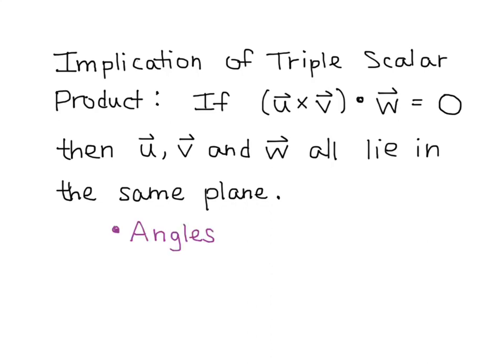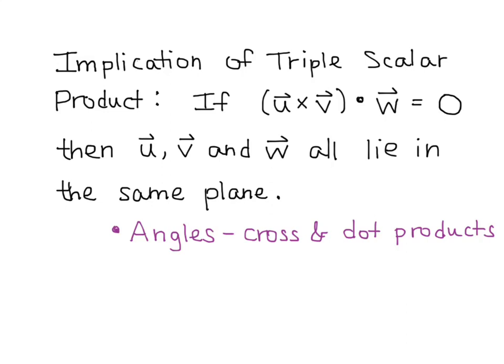So the first one is the angles. Think about what angle u cross v makes with both u and v. And then think about, if the dot product is 0, what angle is made between the cross product of u and v with the vector w? So think about the angles involved in the cross and dot product.